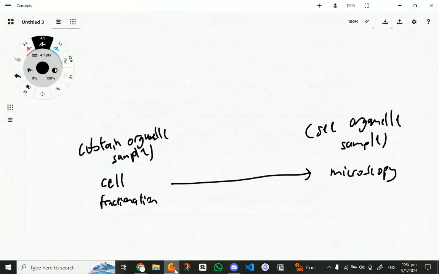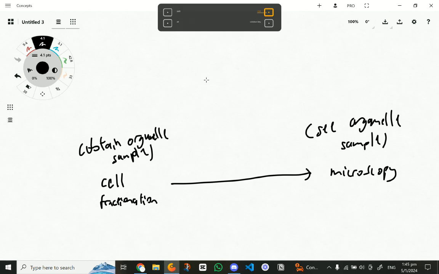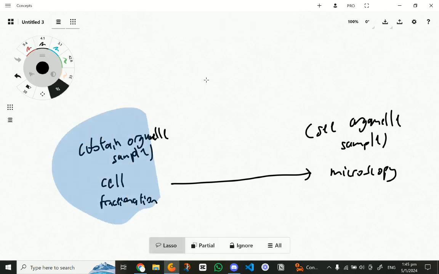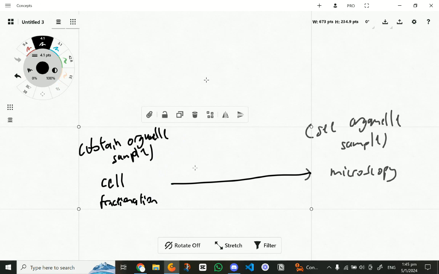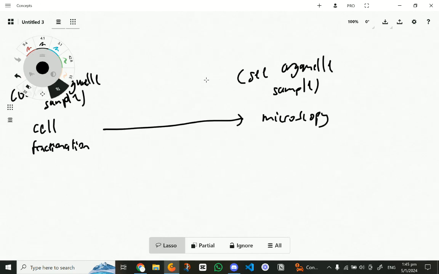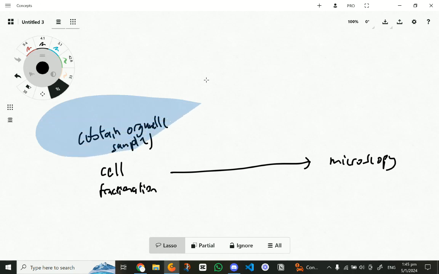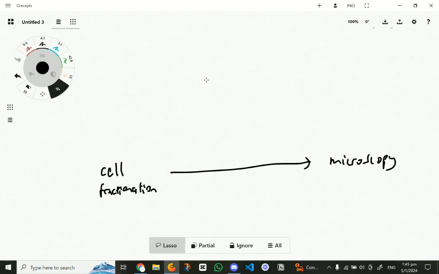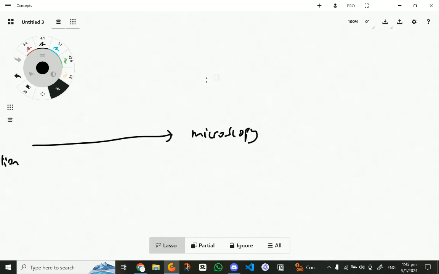Okay, what I'm hypothesizing right now is the purpose of cell fractionation is more separating, while microscopy and autoradiography is more of observation and analysis of the data itself.